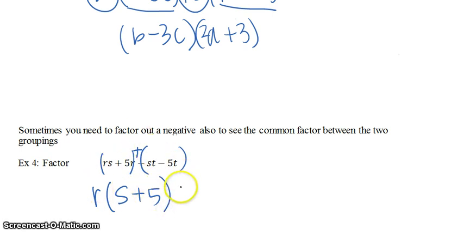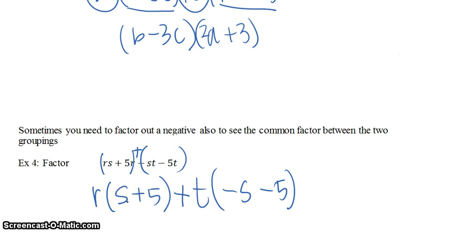Now, before you write and copy everything down, I'm going to end up erasing it, so listen and watch. If I were to originally just leave it positive and just take out a t, that would leave me with a negative s minus 5, because t times a negative s will give me a negative st, and t times 5 will give me a negative 5t. Look, they're not the same, but they're close.